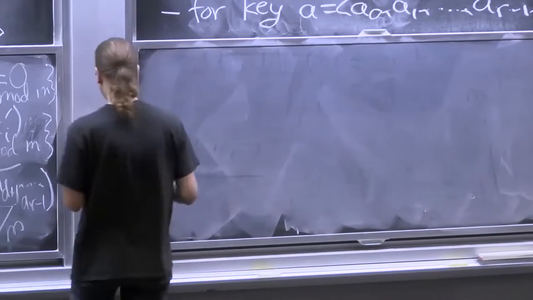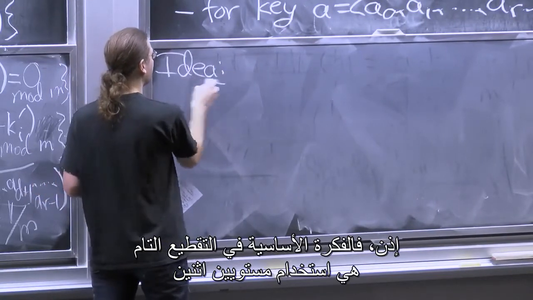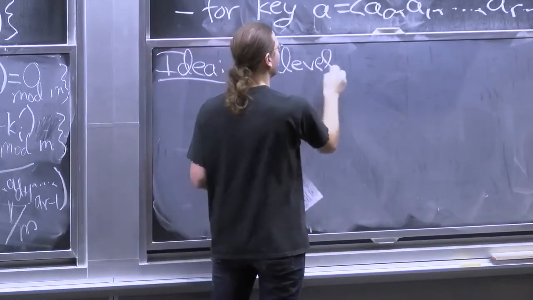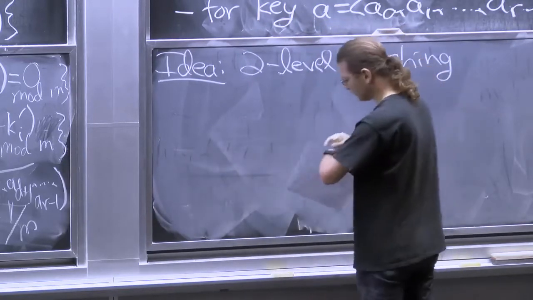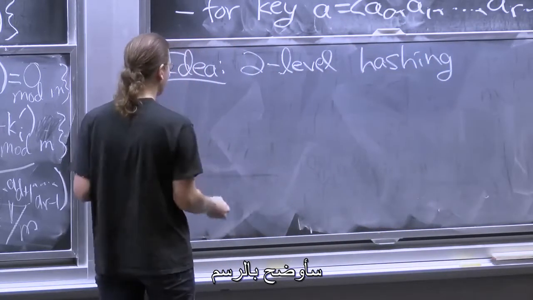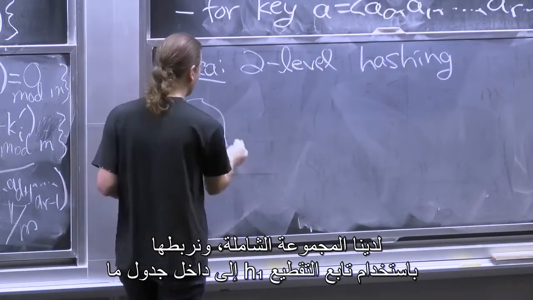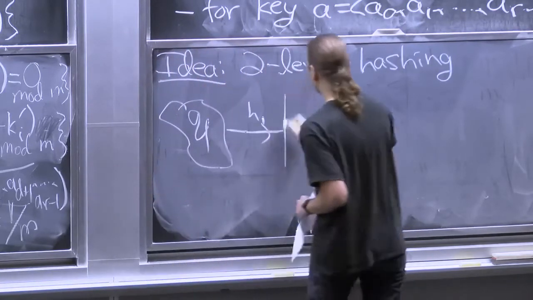I don't know. All right, so the big idea for perfect hashing is to use 2 levels. Let me draw a picture. We have our universe, and we're mapping that via hash function h1 into a table.